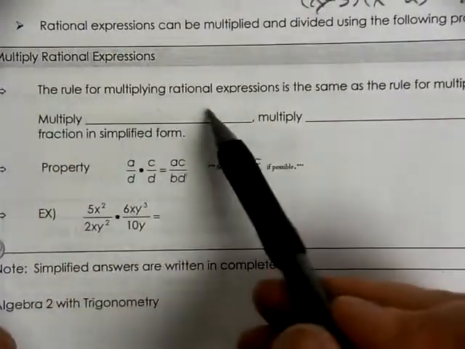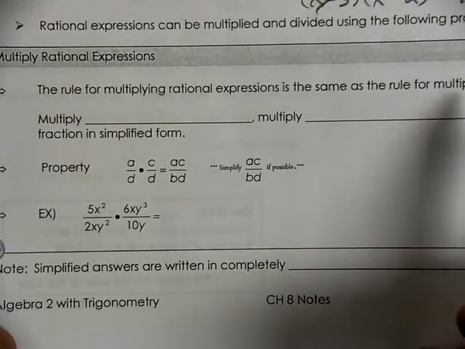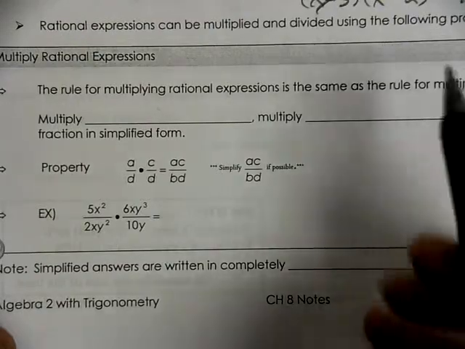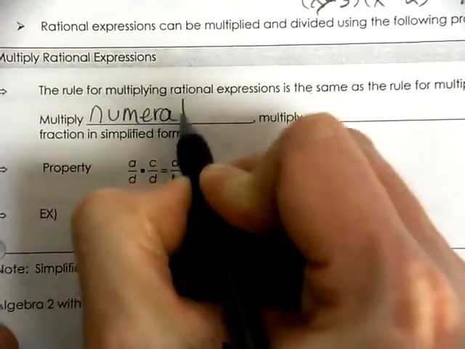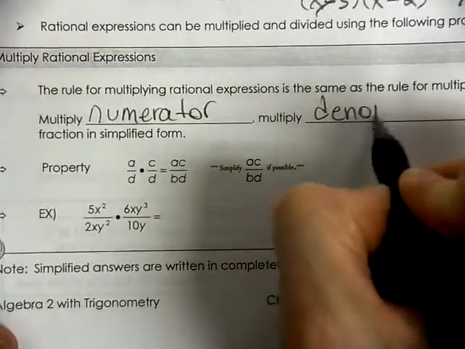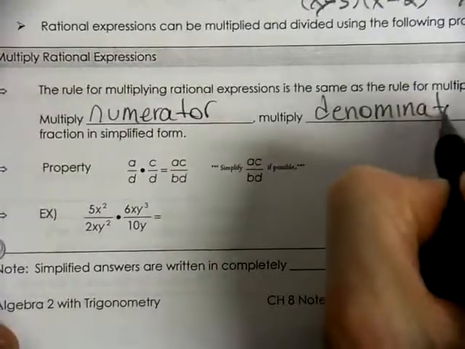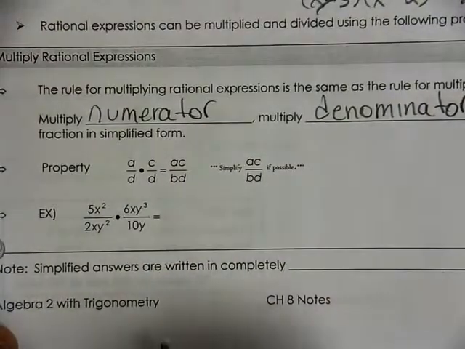The rule for multiplying rational expressions is the same as the rule for multiplying numerical fractions. We're going to multiply the numerators and we're going to multiply the denominators. And then we're going to write it in simplest form.